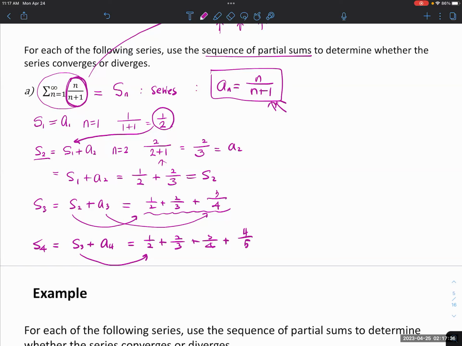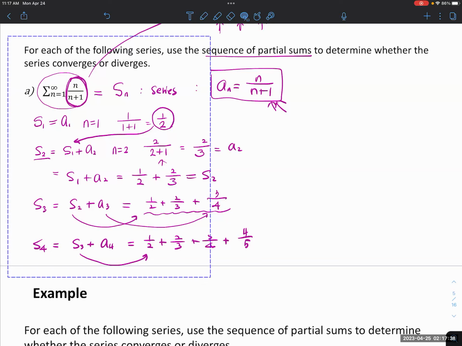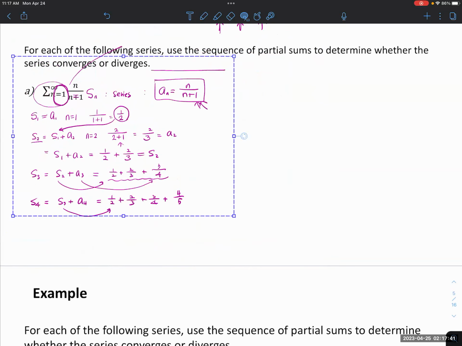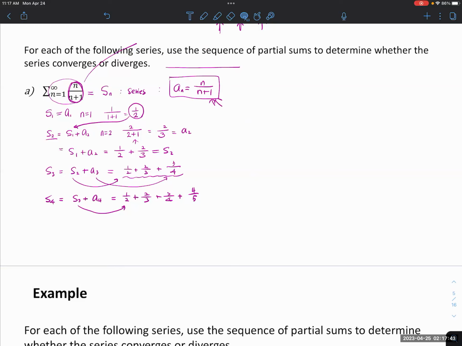We are getting a pattern here, so I'm going to minimize it a little bit. So I have S1, S2, S3, S4. And then what do you guys think? We are actually looking for Sn, and they keep going forever.